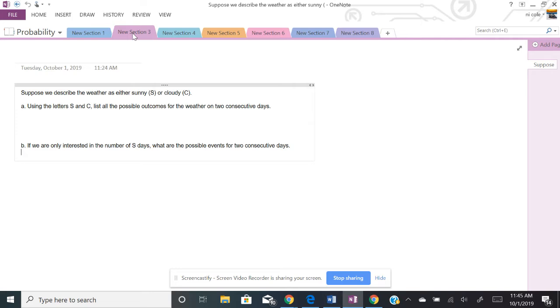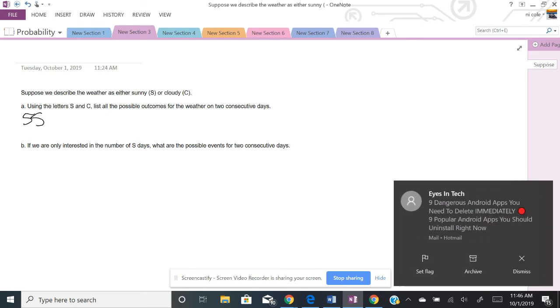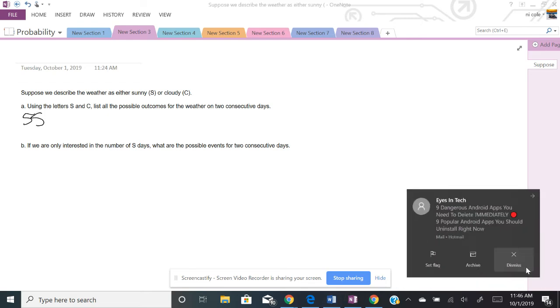All right, you might get something like this. Suppose we describe the weather as either sunny or cloudy. Using the letters S and C, list all possible outcomes for 2 consecutive days. So again, we're going to list them out. So day 1 could be sunny and day 2 could be sunny.